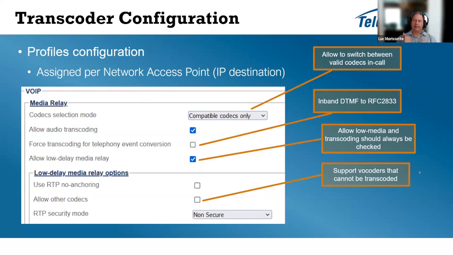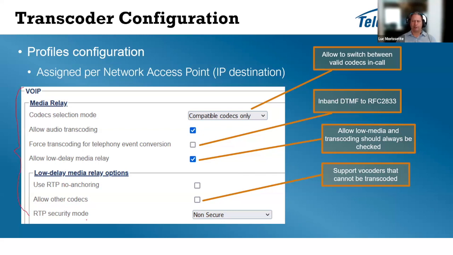Okay, so once you have that, there's communication between the ProSBC controller and the transcoding device. When you configure your network access point, which are also IP destinations here, you have a segment in the profiles configuration, which is important for transcoding.